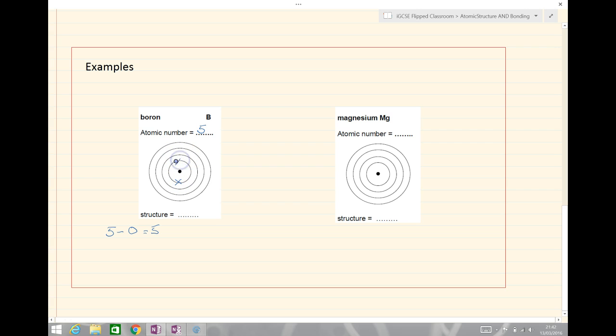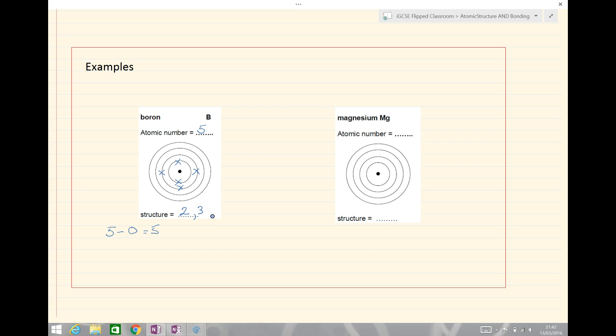So we have 2 in the first, which is now full, and then we can put 3 in the second shell. How do we write that as an electronic structure? Well, we write the first shell first, so it's 2, followed by the number 3. Each number indicates the number of electrons in that shell.